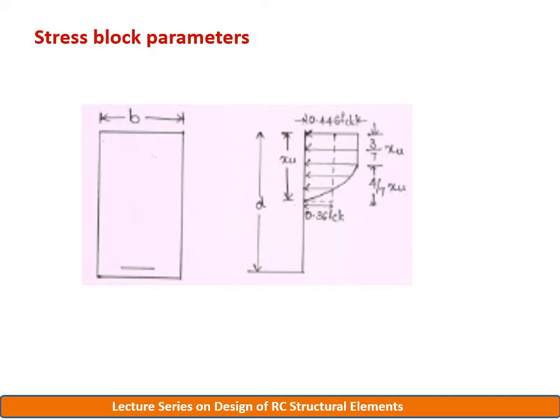For the concrete, we have already discussed the stress strain diagram. Initially it has a parabolic variation, later on it has a constant value, the stress remains the same, and that stress value we call the design stress, represented here as 0.446 FCK. We can also see that it has zero stress at the neutral axis.